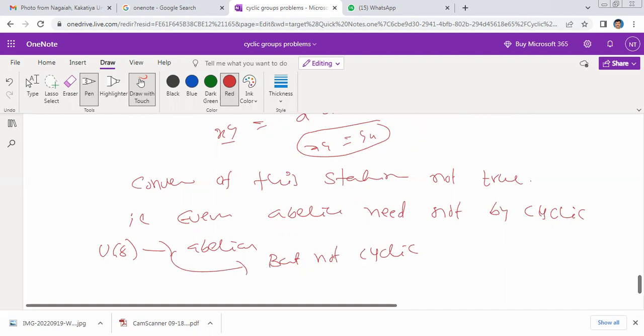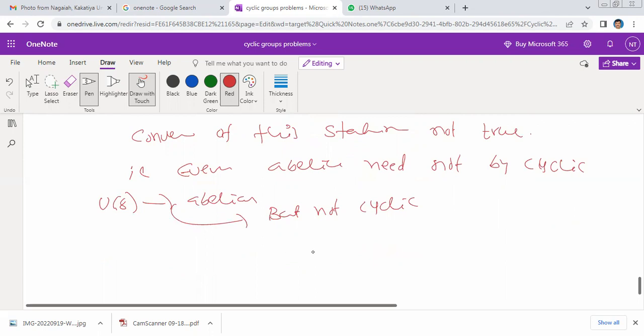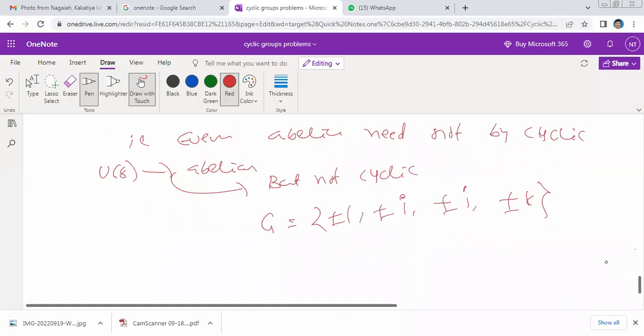What about the quaternion group? G is equal to plus or minus 1, plus or minus i, plus or minus j, plus or minus k. Tell me about this one. Is it cyclic or not? Is it abelian? No, it is not abelian. Since it is not abelian, it is not cyclic.